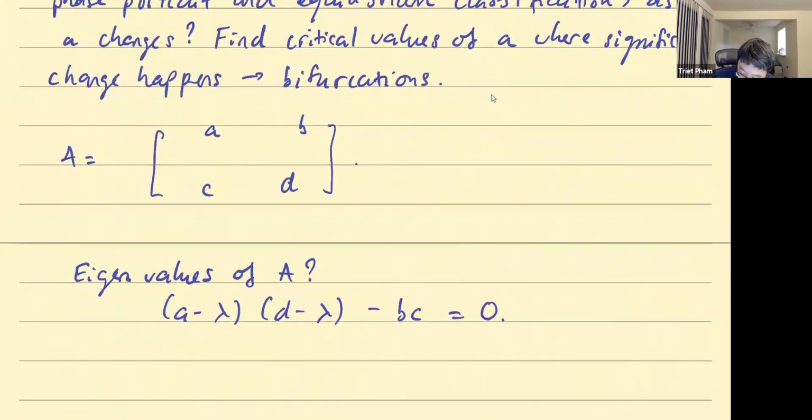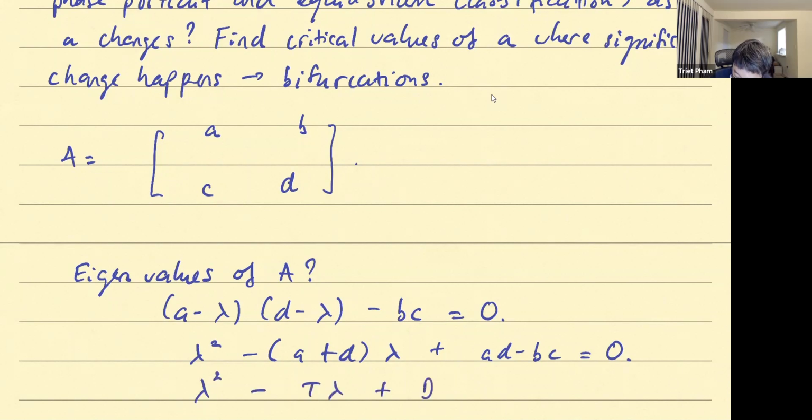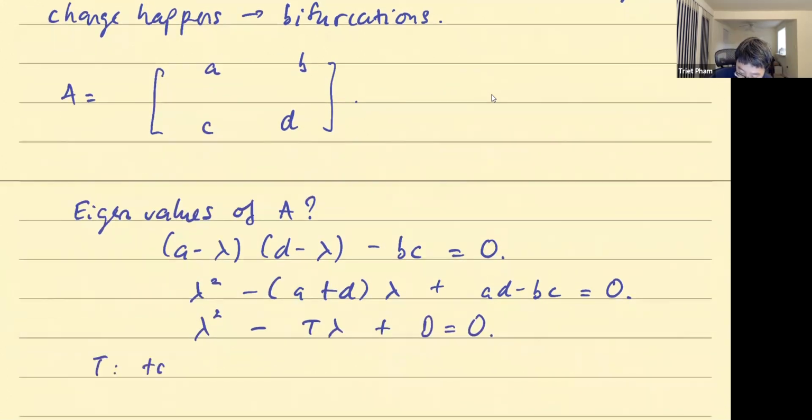So if you rearrange this, you got lambda squared minus (A plus D) lambda plus AD minus BC equal to 0. We have a better name for this. We call this lambda squared minus T lambda plus D equal to 0, where T stands for the trace of a matrix and D stands for its determinant.